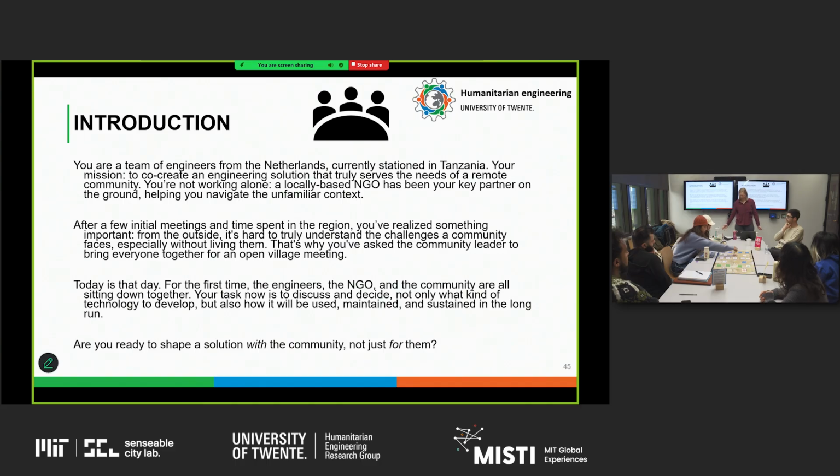Then we do the final round, and that's on maintenance. For the maintenance, we have four options in total. It could be the leader of the community, because they already have knowledge in electrical engineering, so here a little more technical knowledge is required.